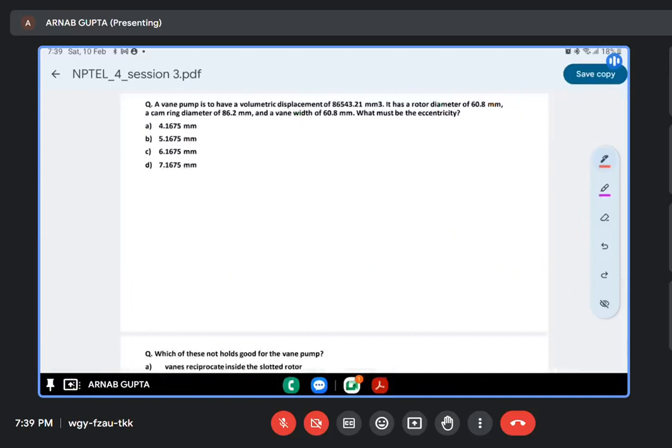Coming to another numerical: a vane pump is to have a volumetric displacement of this much mm cube. Let me just write it down. Volumetric displacement, again you need to see the units, is basically VT. So it's 6543.21 mm cube. It has a rotor diameter of 60.8 mm.